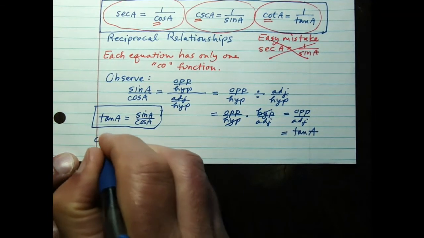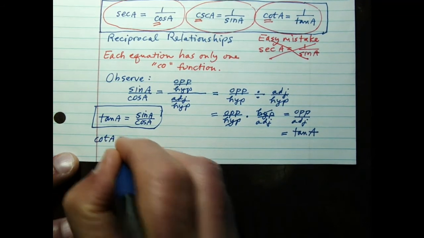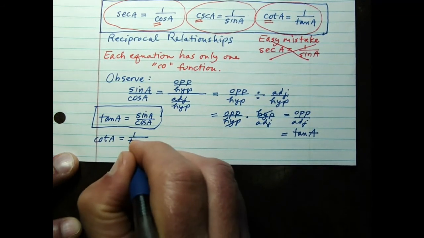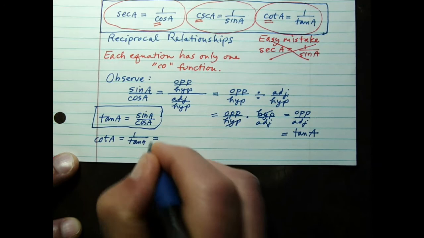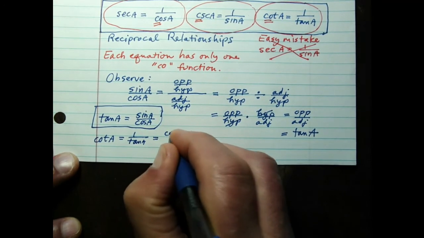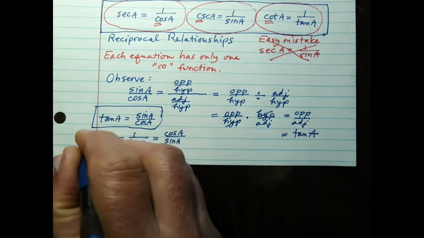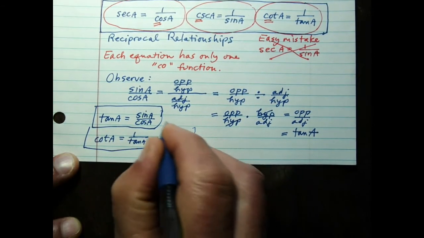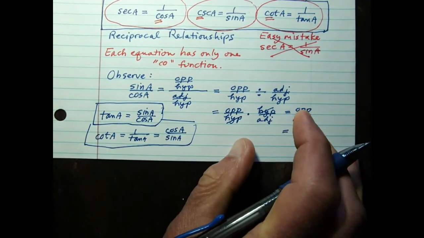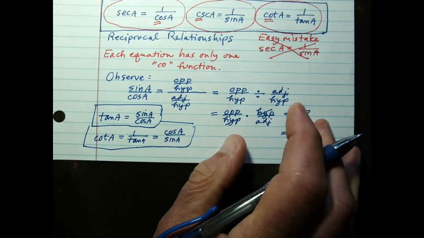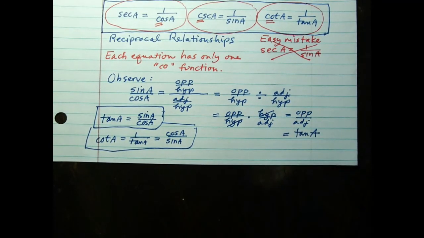And we can connect that to cotangent, which we just said is 1 over tangent, but then the reciprocal of tangent would be cosine A over sine A. Flip that fraction around. And I'd say the moral of all this is that all 6 of these trig functions can be expressed using just sine and cosine. And you want to know that. You want to learn that.